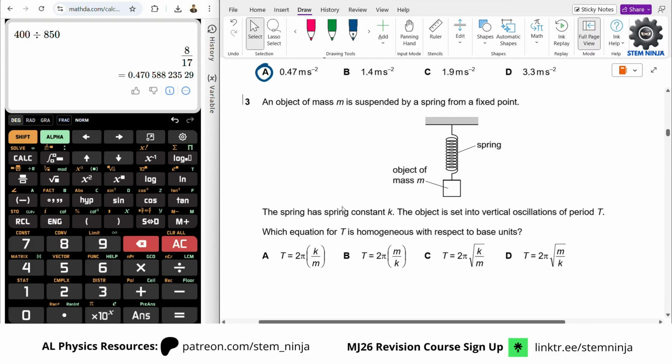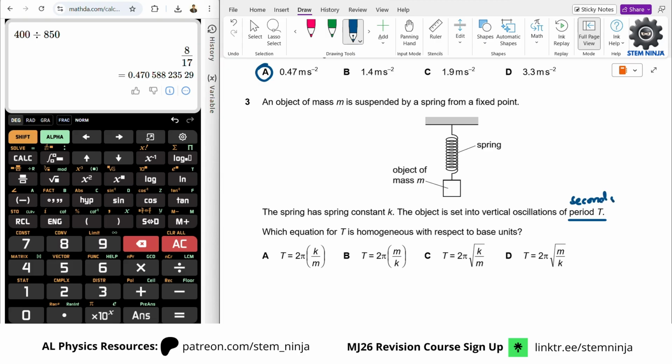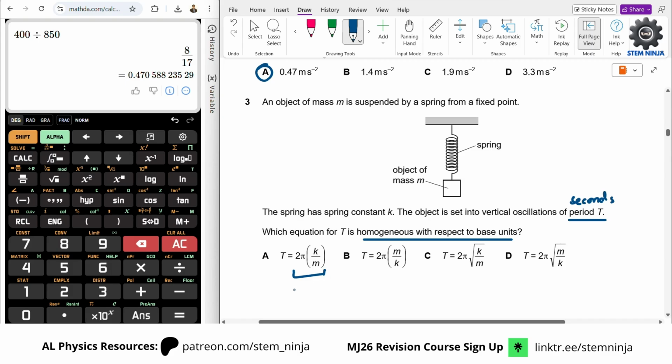Okay. An object of mass m is suspended by a spring from a fixed point. The spring has constant k. The object is set into vertical oscillations of period t, which has the unit second, s. Which equation for t is homogeneous with respect to its base units? So this means that the right-hand side should also end up being seconds.